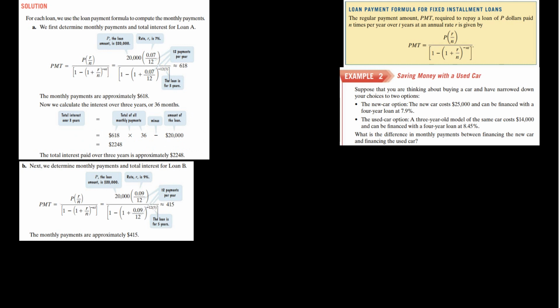What is the difference in monthly payments between financing a new car and financing a used car? So let's see, 4-year loan. Okay, so both are 4-year loans. Okay, so the brand new car, $618 a month for 4 years, or the used car, $415 a month for 4 years.